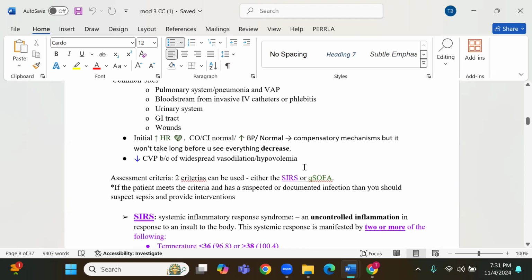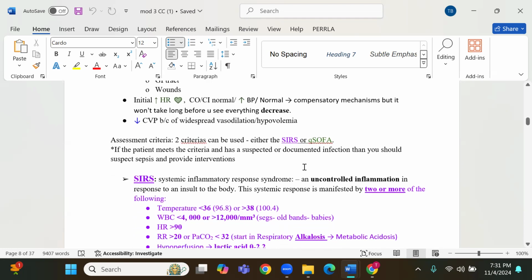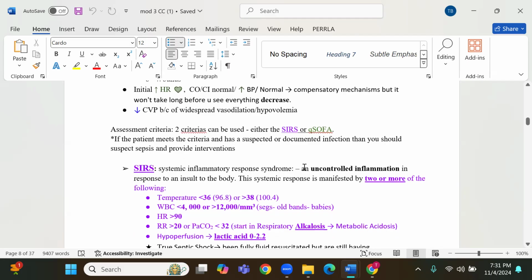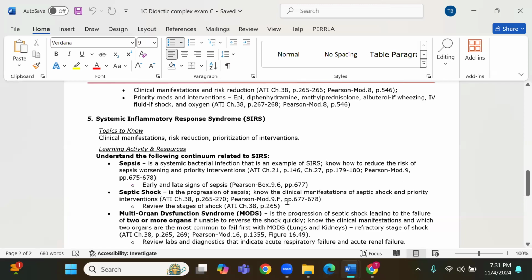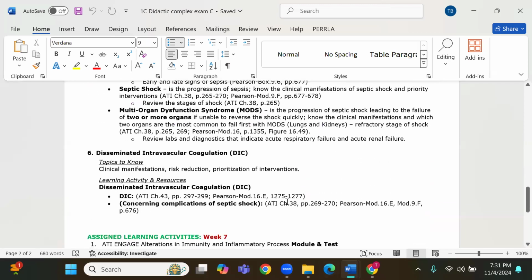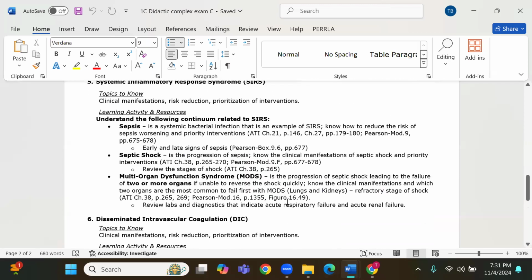On your didactic here, we can use two criteria to see if this is sepsis. One of the criteria on yours right here, I thought it said SIRS. Hang on just a minute. I'm pretty sure I saw it.